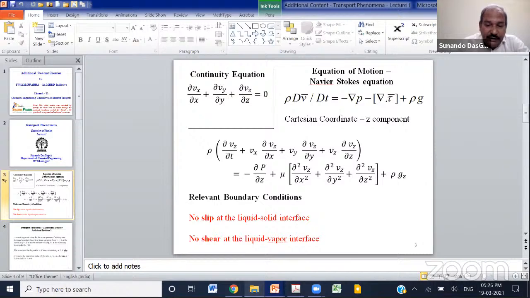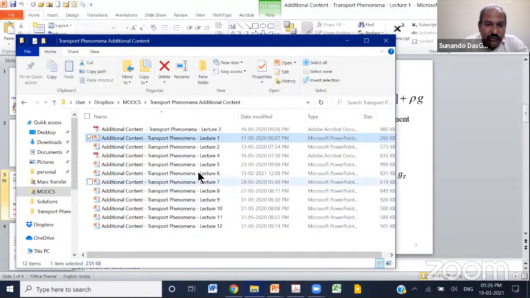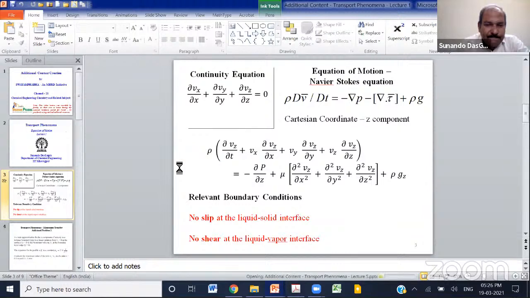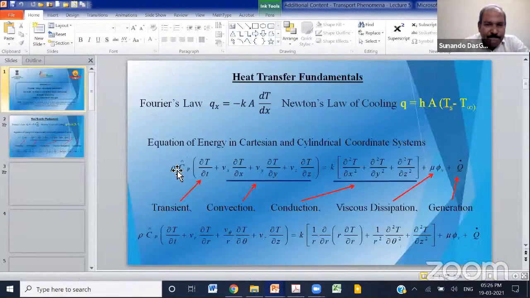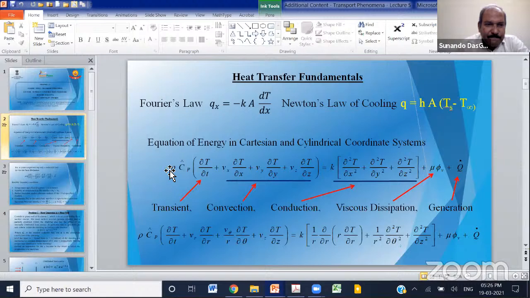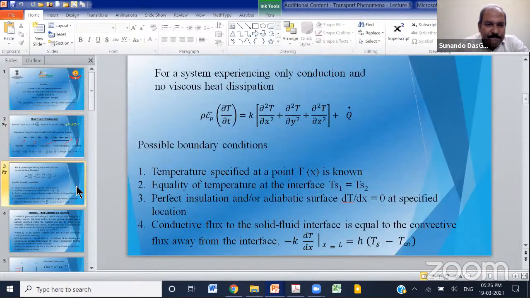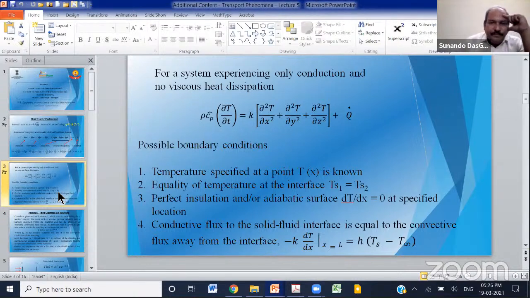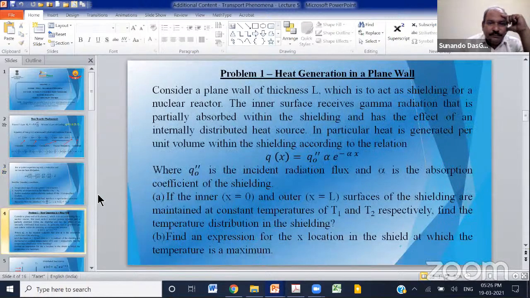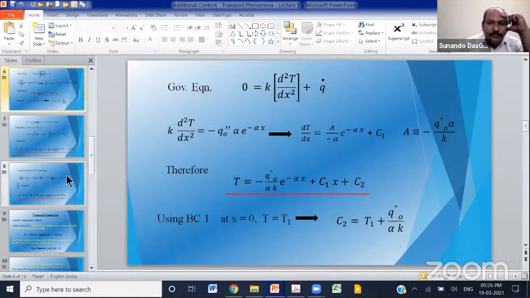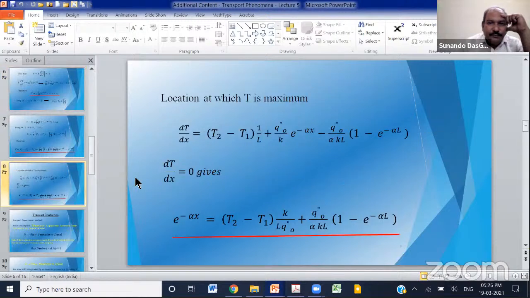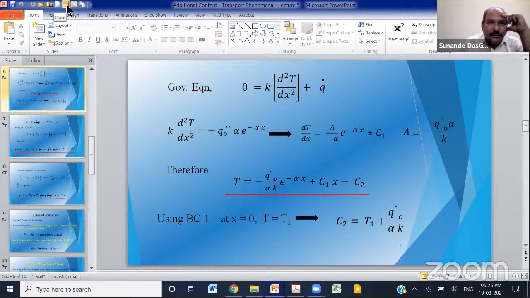Let me see if I can find the right file to show transient conduction. This is not very well.